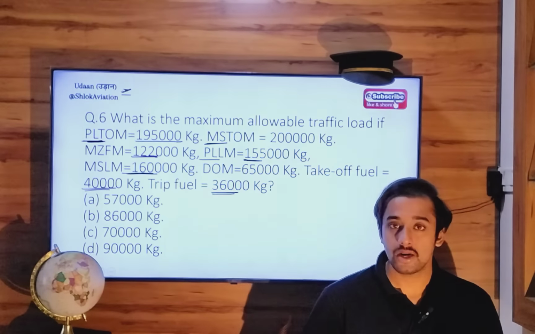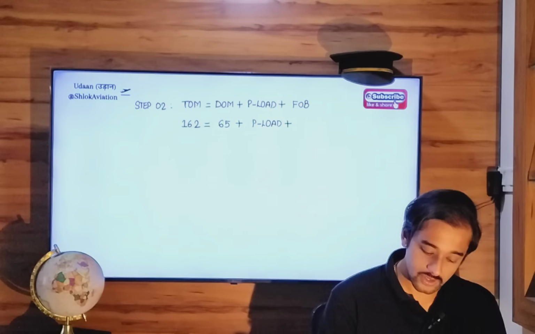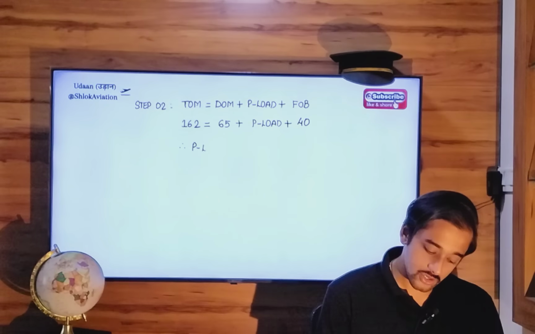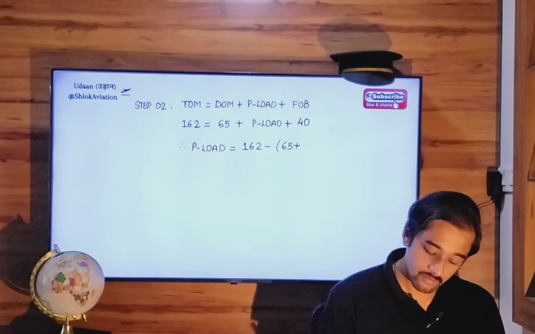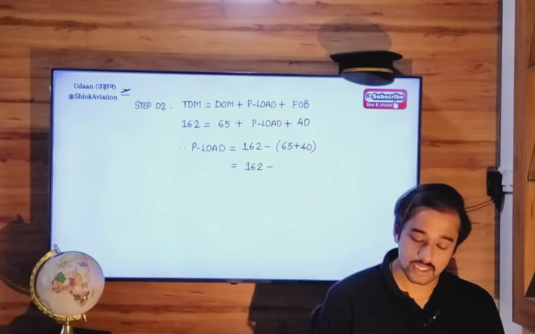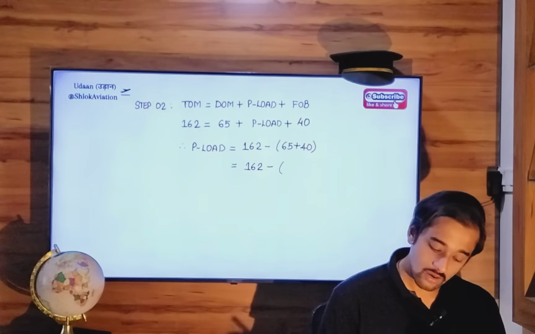Fuel on board is nothing but takeoff fuel. So I am writing here 40. Therefore, payload equals 162 minus 65 plus 40. 162 minus 65 plus 40 is 105.